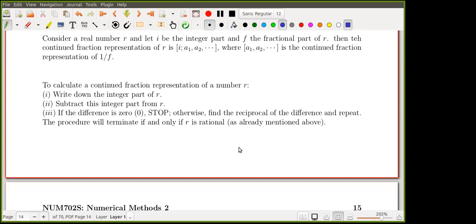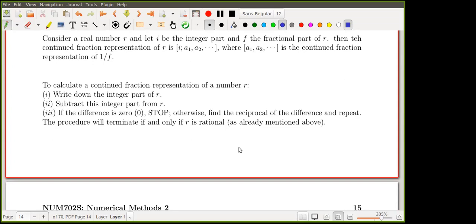First of all, we identify the integer and the fractional part of our real number R.